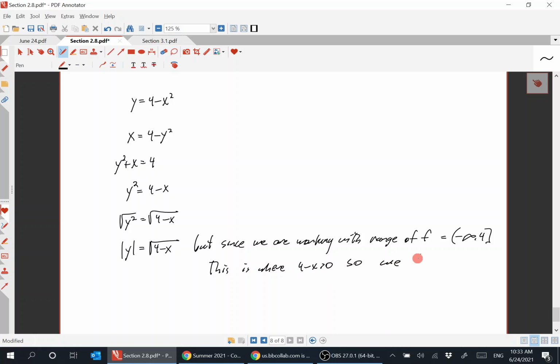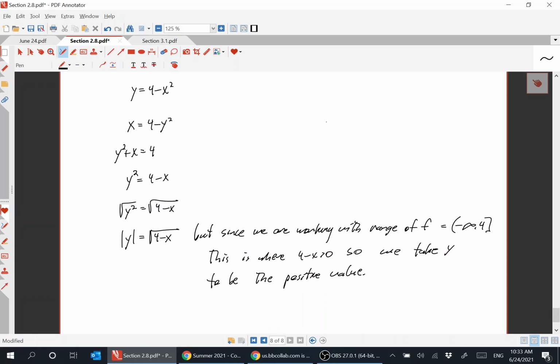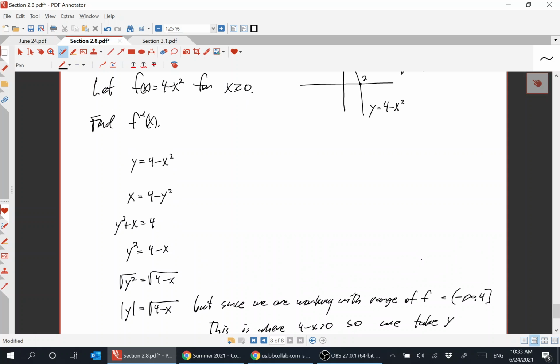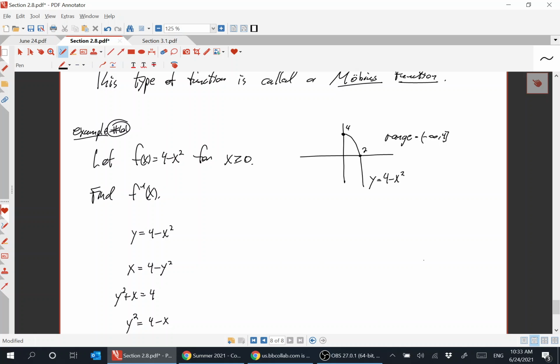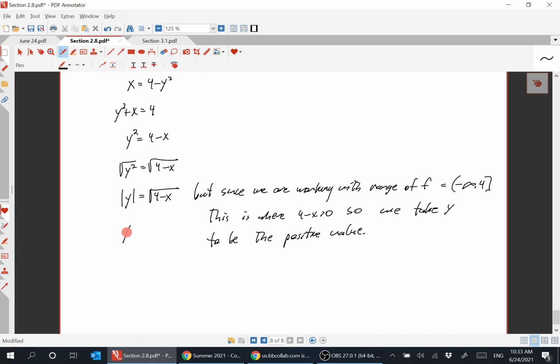So we take y to be the positive value. Well, no, actually, let me think. Yeah, just the positive value. So y is equal to the square root of 4 minus x. So that is the inverse function.